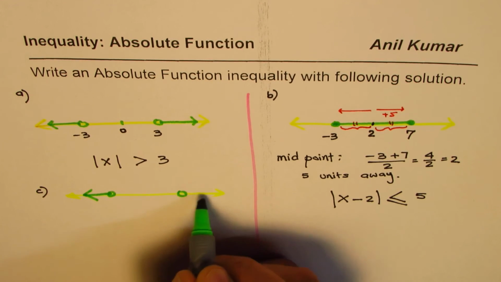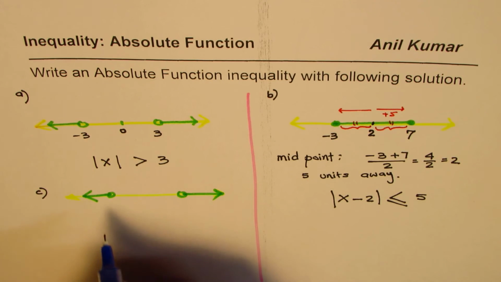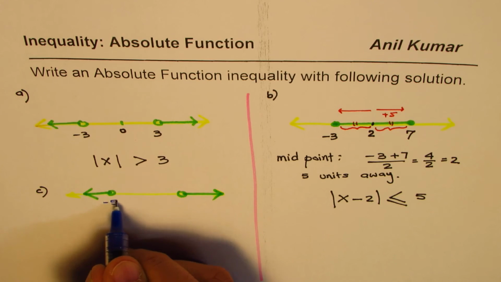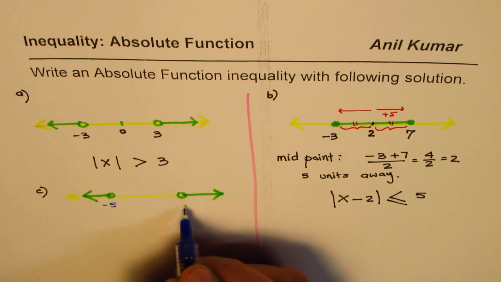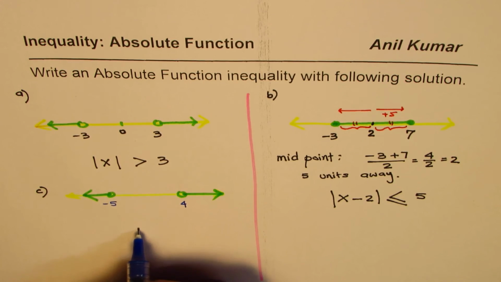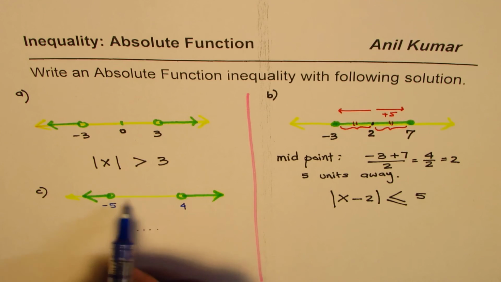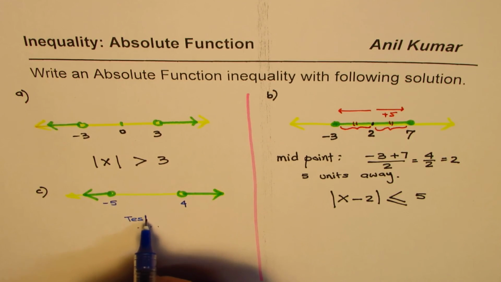Let us say these two points here are, let's say, minus 5 and 4. You need to write this as an absolute function whose solution is this. So let this be your test question.